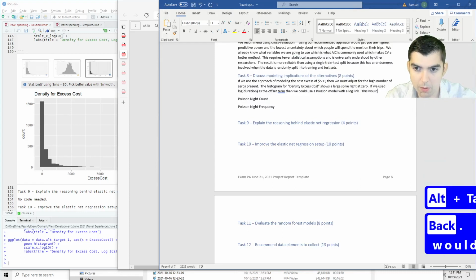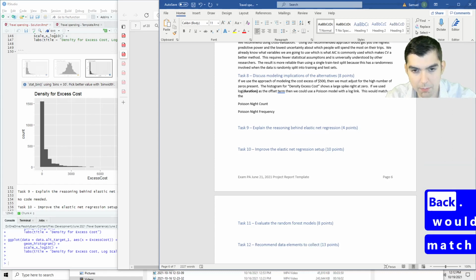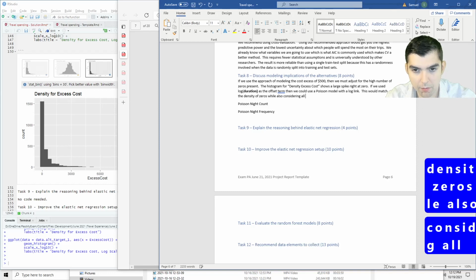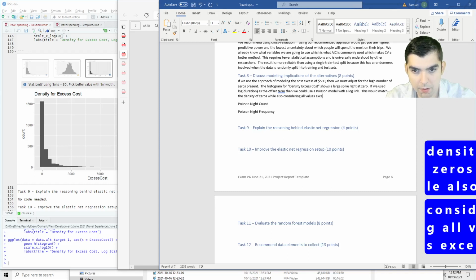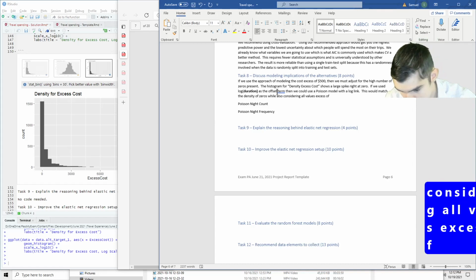This would match the density of 0 while also considering all values excess of 500.